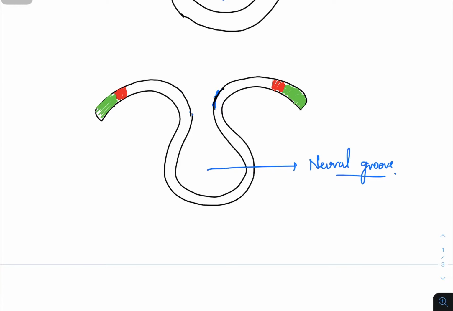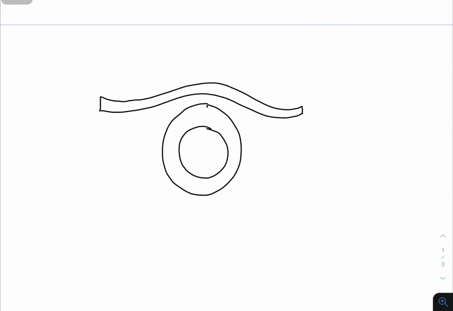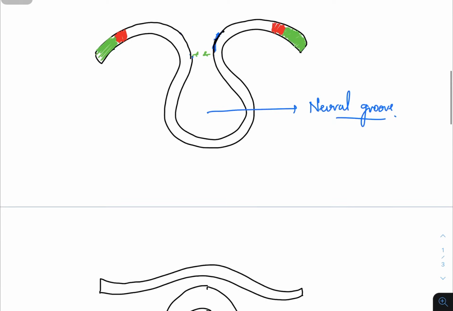Yeah, so this is the entire picture, right? Now what will happen is, when these two edges join together and form a circle, finally this neural plate gets separated from this neural tube. Now this entire circle here, you call it the neural tube, right? This is called the neural tube.